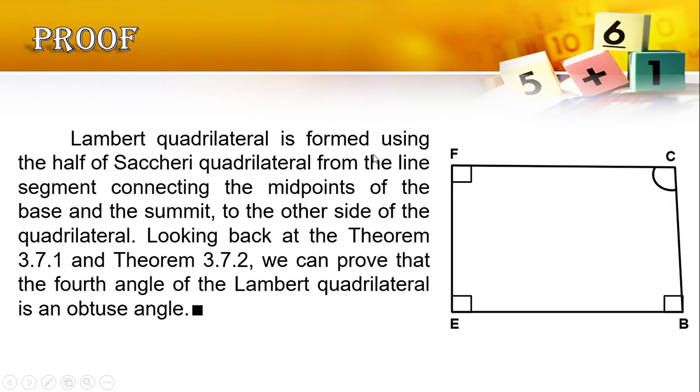The midpoints of the base and summit to the other side of the quadrilateral. So FE is the line joining the midpoints of the base and the summit. Then the other side is BC. So looking back at theorem 3.7.1 and theorem 3.7.2, we can prove that the fourth angle of the Lambert quadrilateral is an obtuse angle.